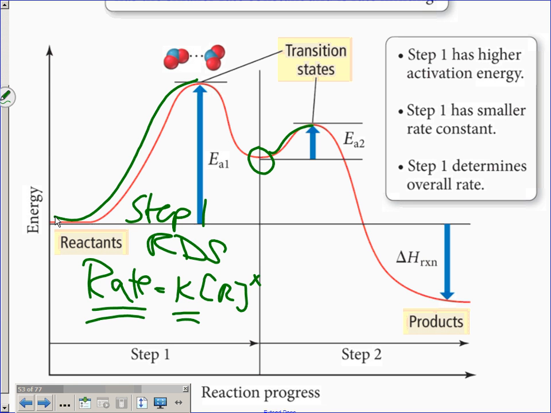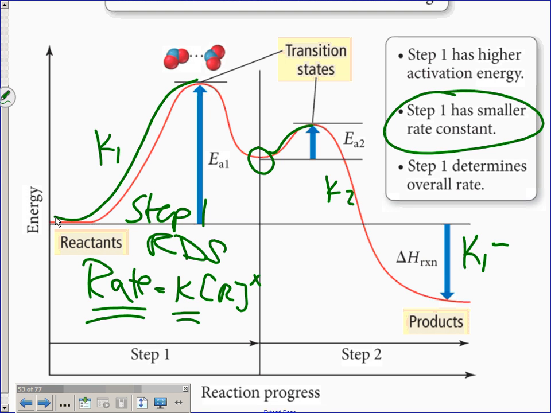So you also need to make this assumption whenever you find which one's the rate determining step, that the K value is also smaller for that step. So you could say K1 versus K2, meaning the two separate steps, and then you can make the secondary final comment that K1 is less than K2. So it's just one extra step of assumptions that you can make about your mechanism itself.